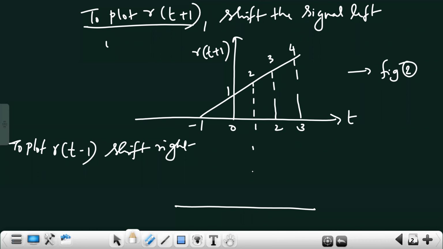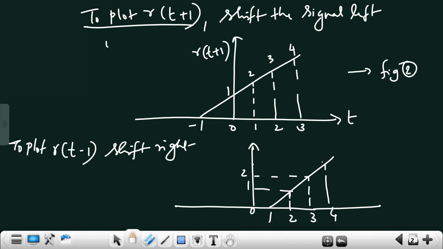Originally, r of t will be starting from 0, but after shifting towards right, it will be starting from positive 1. So at 1, you are having 0. At 2, you will be having 1. At 3, you will be having 2. At time t is equal to 4, you will be having 3. Like that, it will continue. So we can call this as figure number 3.